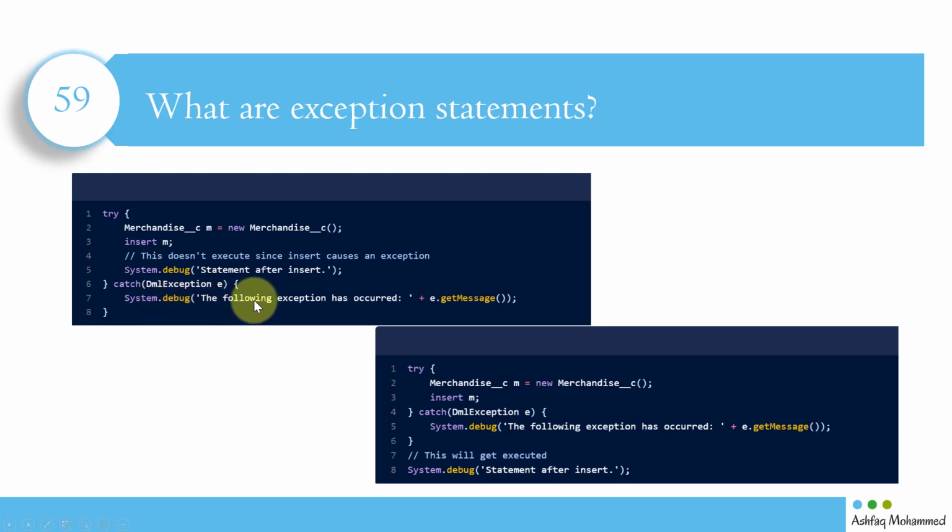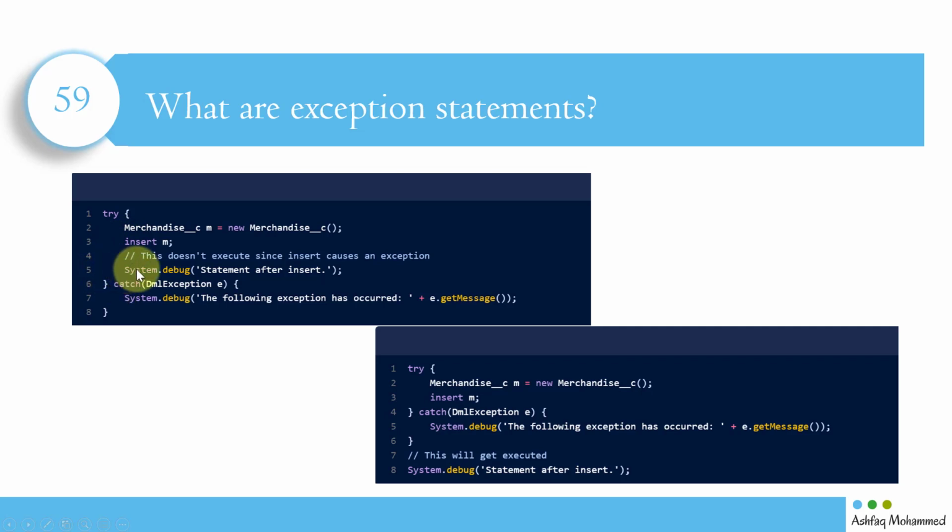So don't just leave it empty. And here it's the same thing, but what I'm trying to explain with these two different screenshots is, see this message: this does not execute since insert caused an exception. So what happens is, as soon as a problem occurs, the control directly goes to the catch block, okay. In this case I'm getting an error over here, and my control is directly going to the catch block.